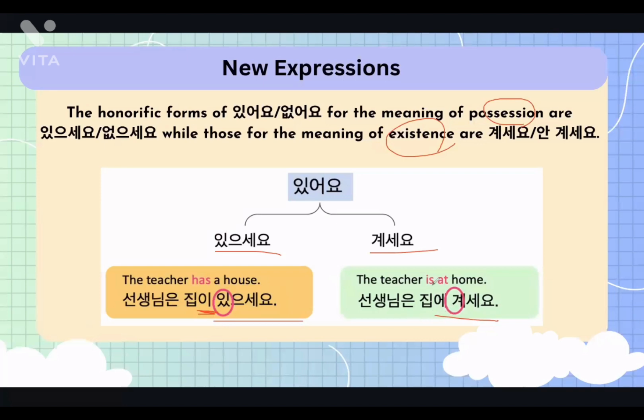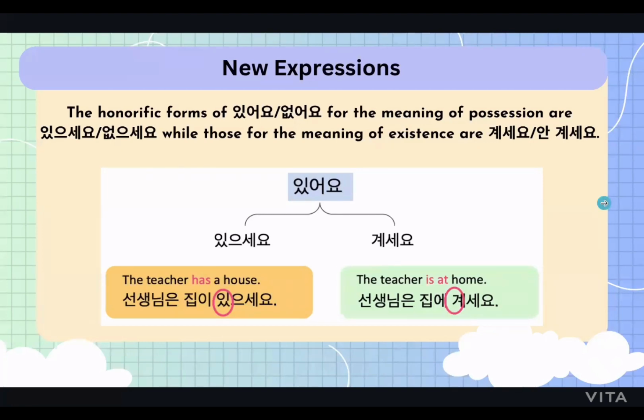So the teacher is at home. The particle is the place particle 에. Please remember this. Again, 있어요 has two meanings, possession and existence. The honorific form of possession is 있으세요, but the honorific form for the existence meaning is 계세요. Okay, then let's move on.